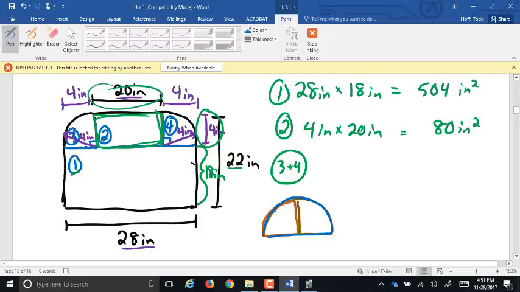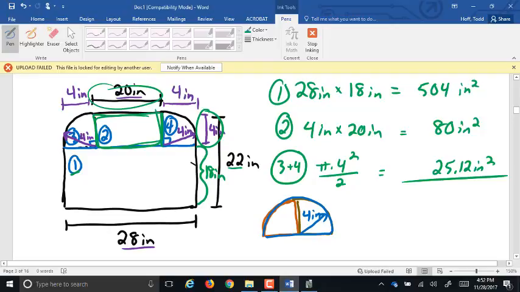This is just a half circle where that circle still has a radius of 4 inches. So rather than finding 2 quarter circles, I can find one half circle. So that's pi times 4 squared divided by 2, which is 25.12 inches squared.